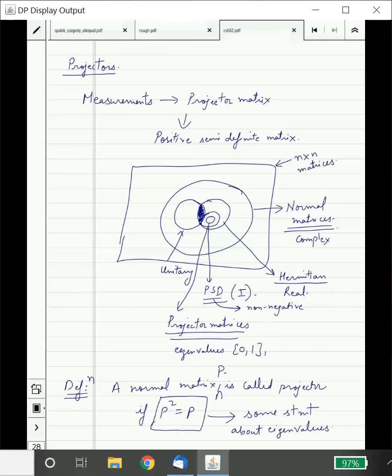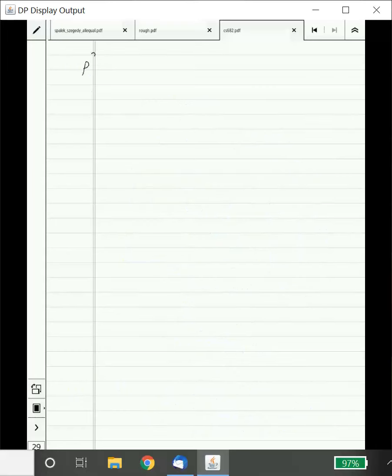You will remember the definition, it's not very difficult. A matrix is called a projector if it satisfies P square equals P. Since I know that P is normal, I can always write its spectral decomposition, which will look like this for some orthonormal basis x_i. Let me calculate P square, or I will let you convince yourself that this is just squaring the eigenvalues.